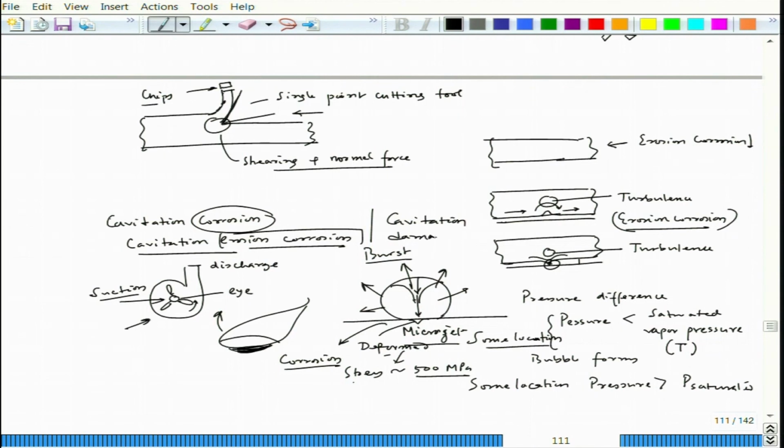Fine. So, that way we have a lot of such situations arising in a fluid system or a corrosive system. For example, cavitation happens in the fluid system, but erosion corrosion can also happen in a gaseous system, where, let us say, high temperature oxygenated gas is flowing into the metal system.